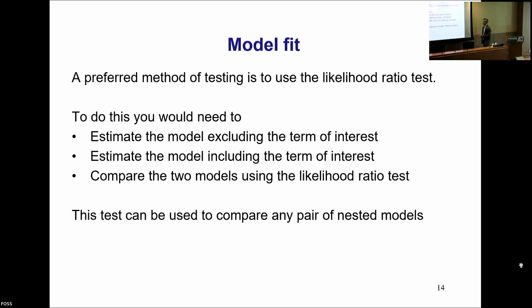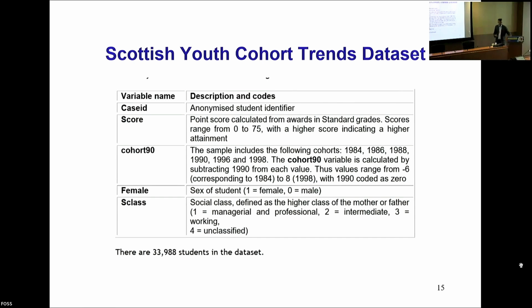The other thing that is quite useful is a measure of model fit. Depending on what kind of model we're fitting, we can calculate the deviance, which is an overall model fit, or an R squared is the other one. The deviance is a measure of goodness of fit of the model, and we're trying to reduce the deviance whenever we compare two nested models, two models that are elaborations of each other.